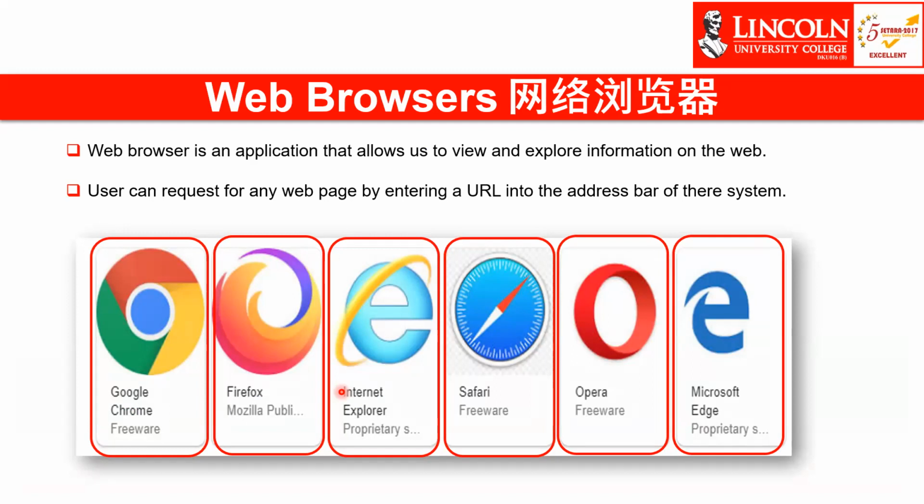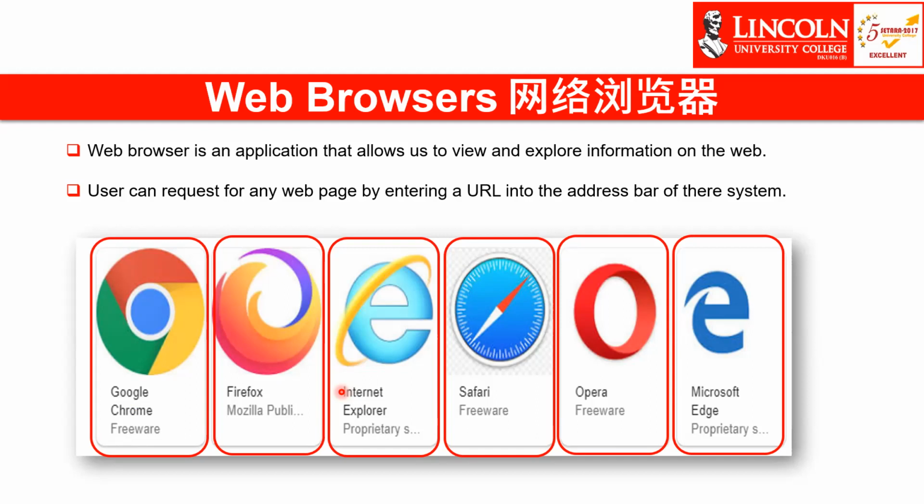Now depending on your choice, some people may say that Edge is their favorite. Some may say that Google Chrome is their favorite. Some can say that they like Firefox. Some can say that they like Safari, and of course it also depends on the kind of system you're using.